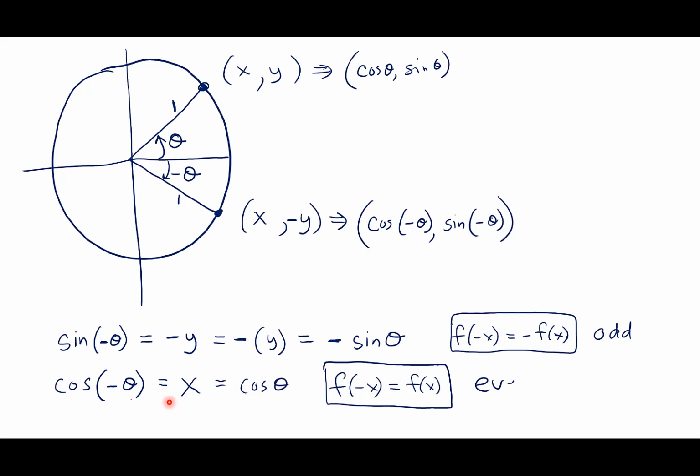Even function, is that right? Notice you have a negative angle value, and we can drop the negative sign immediately, and there's no change to the cosine ratio at the end. So f of negative x gives you f of x, which is even. E-V-E-N, there you go.